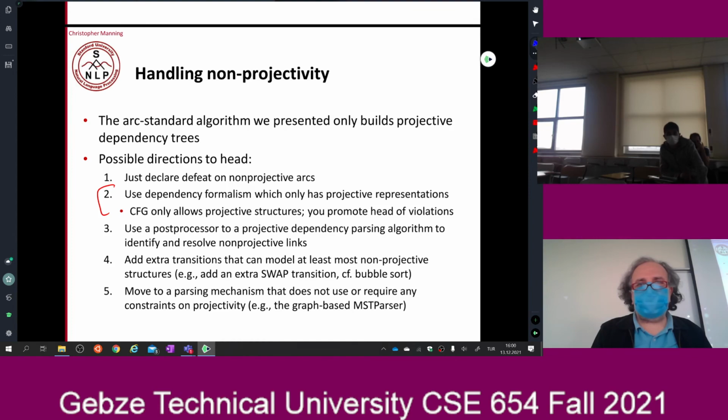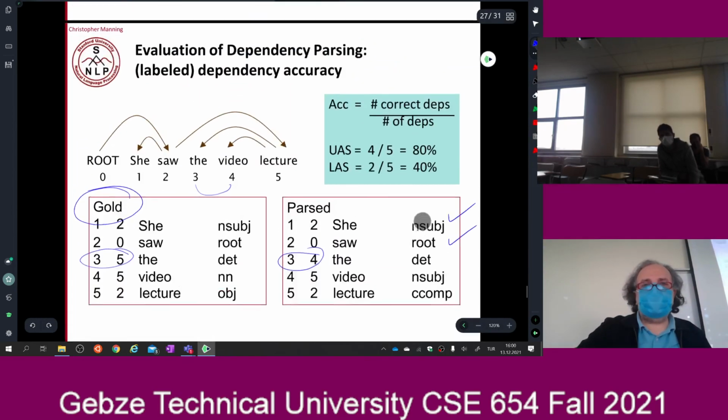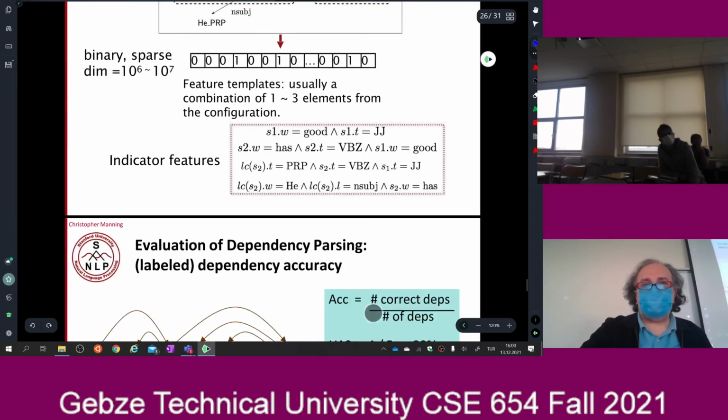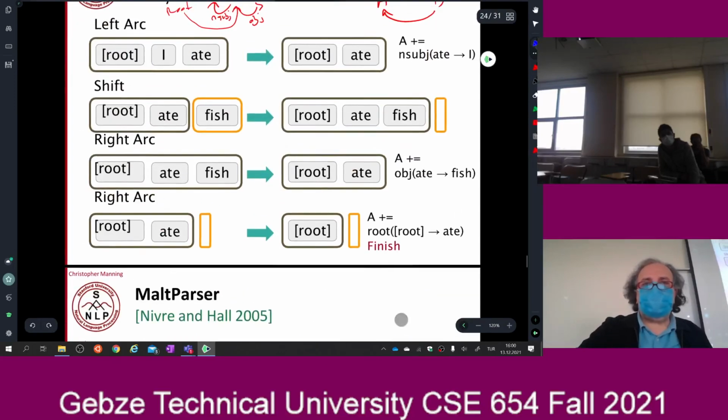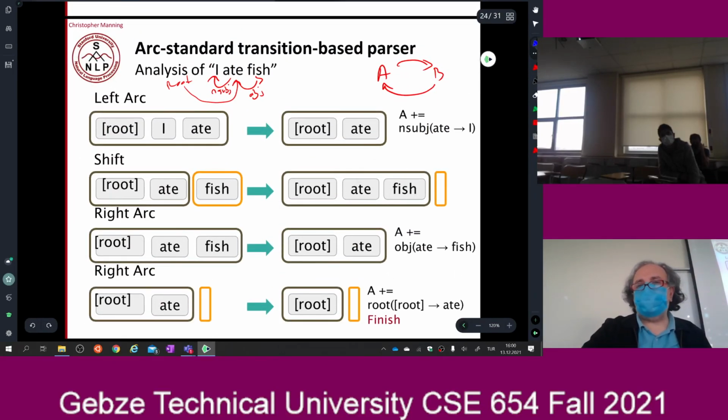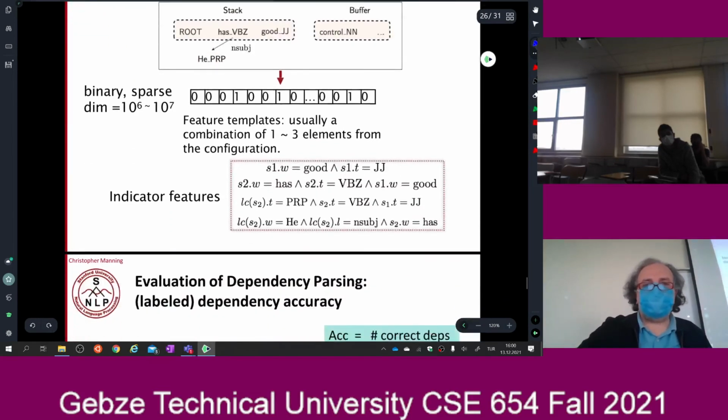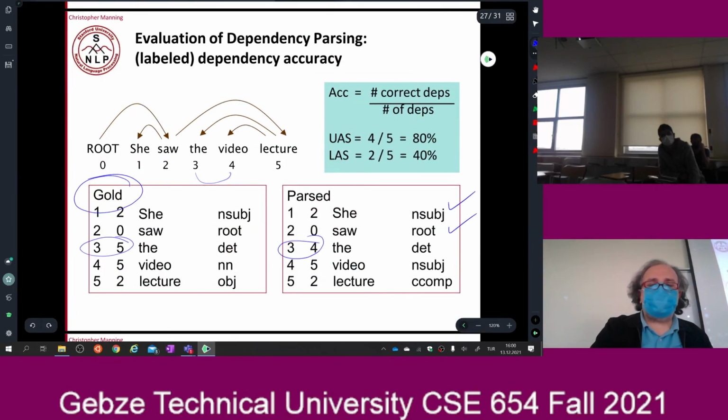How about projectivity? As I said, the algorithm that I showed you here cannot achieve non-projectivity. Given a word, it either connects to the right or to the left.